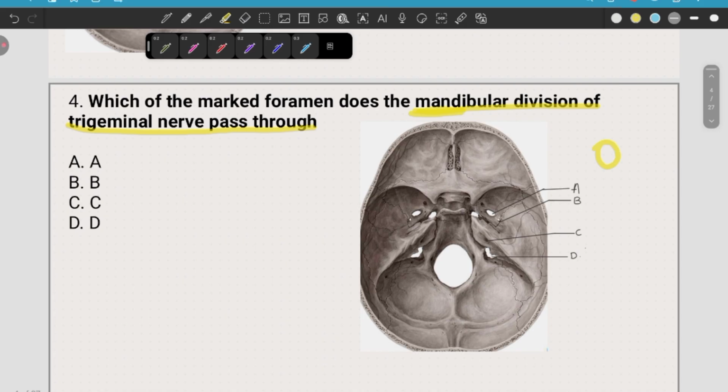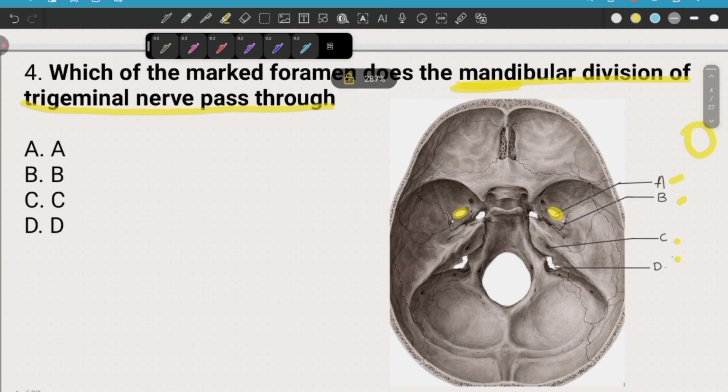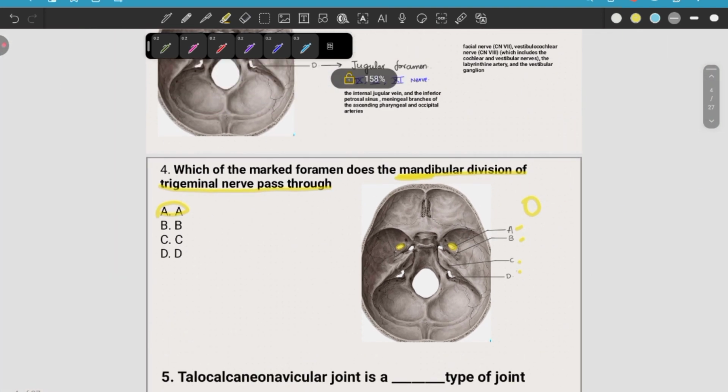So the mandibular division of the trigeminal nerve comes through the foramen ovale. In the A, B, C, D structures, which one is the foramen ovale? The ova-like structure is the foramen ovale, marked by A. So the answer is A.